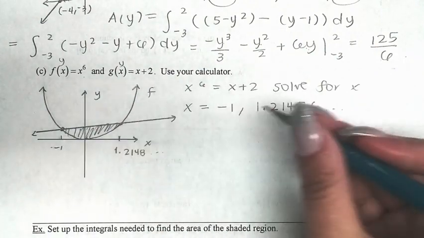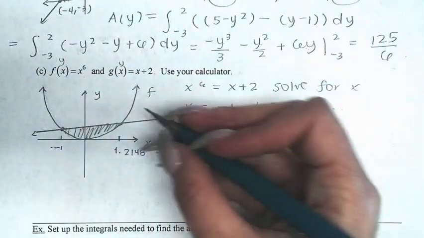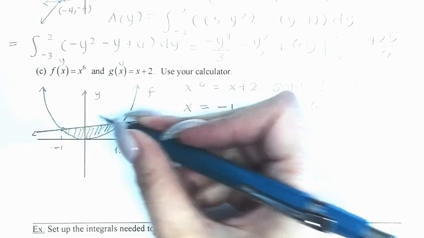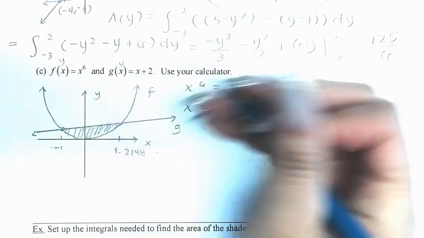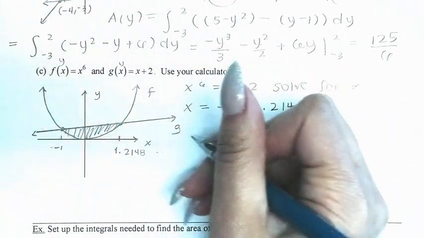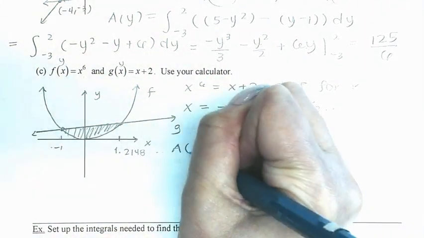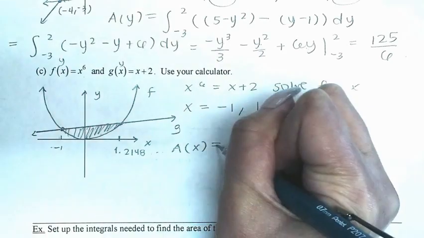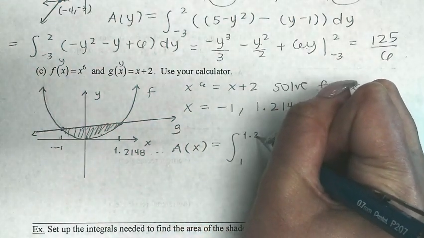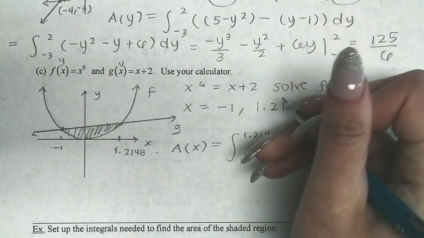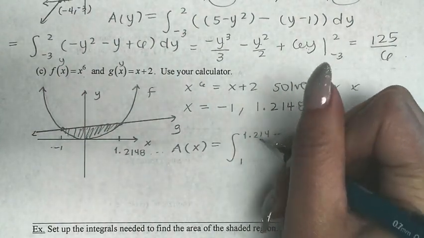Okay, so in this situation, I'm seeing that it's going to be top minus bottom. The top is going to be the linear equation, which is g, and the bottom is going to be f. So I know that this expression for the area with respect to x is going to be equal to the integral from negative 1 to 1.24.